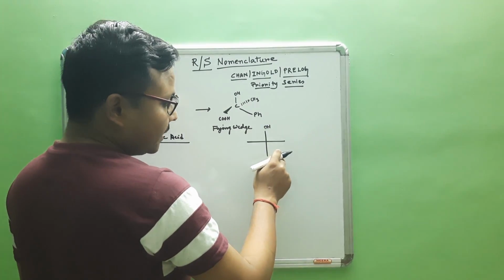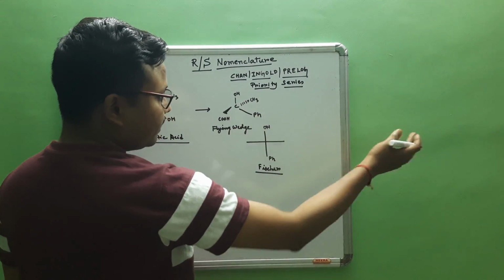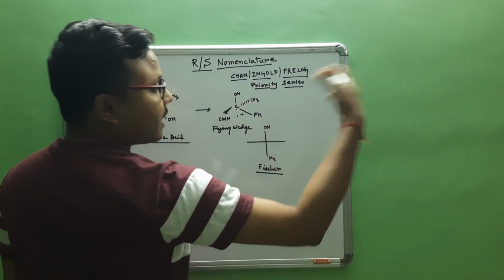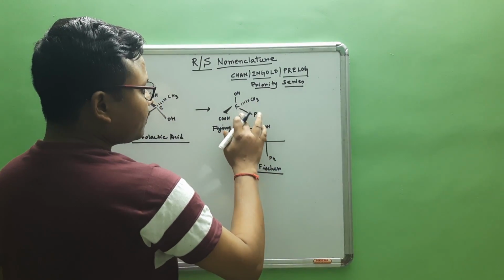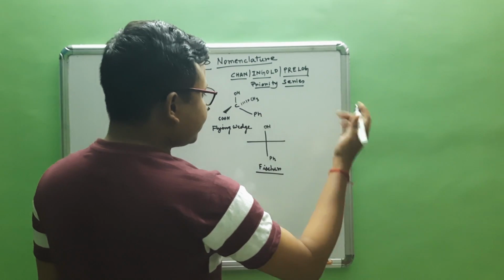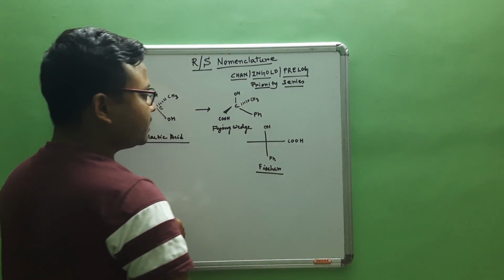The bottom vertical line in the flying wedge is bent to the right side. If this is the axis, this is bent on the right side. So यहाँ पे जो above the plane है COOH, ये फिशर में राइट साइड में जाएगा horizontal position में. So this is occupied by COOH.